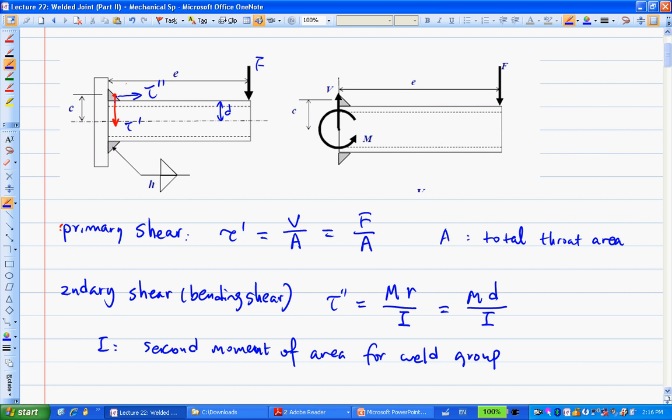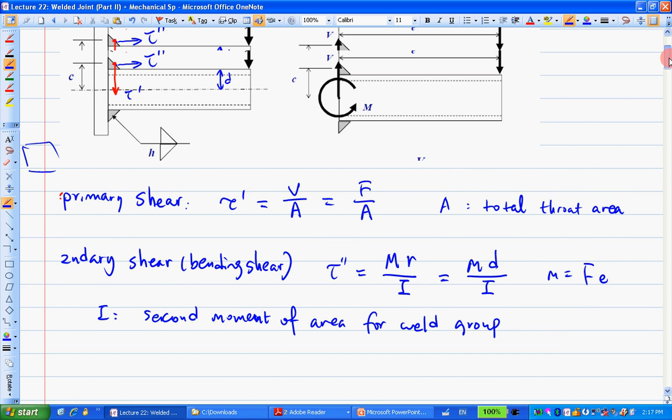Is it two horizontal bars, is it rectangular, or is it circular? That geometry determines this I here. And of course, M is F times the distance. Now I'll show you how to calculate I.